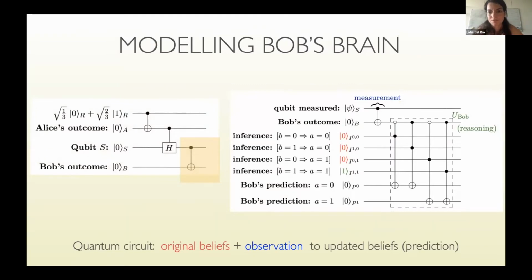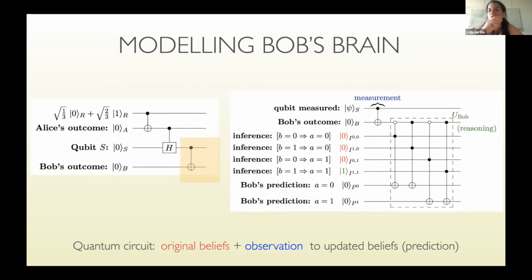The first line in the circuit is still the qubit he measured. The second line is still where he stores the outcome. And now we add these 4 lines, which are possible inferences that Bob could have concluded were true or false before. We're going to encode, for now, the beliefs of Bob, this reasoning that Bob did, as the quantum state of these inferences.